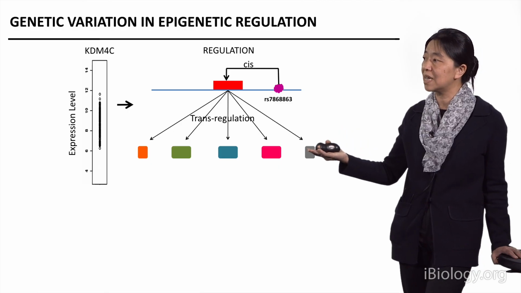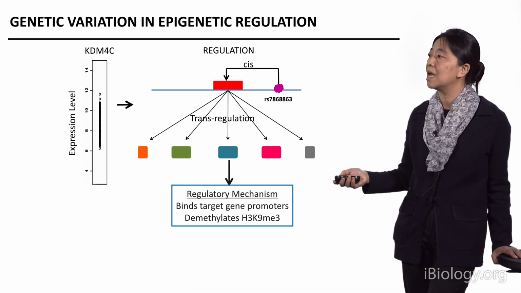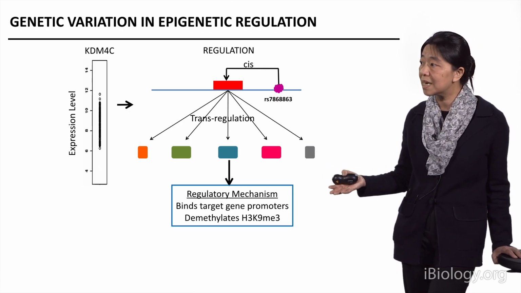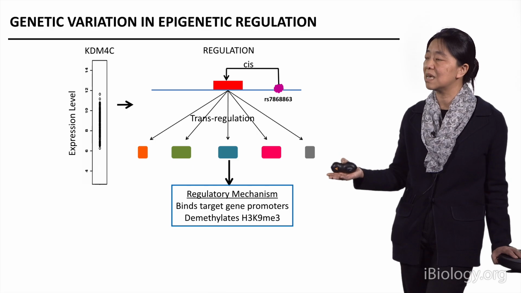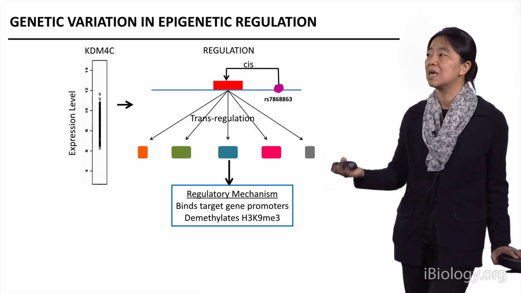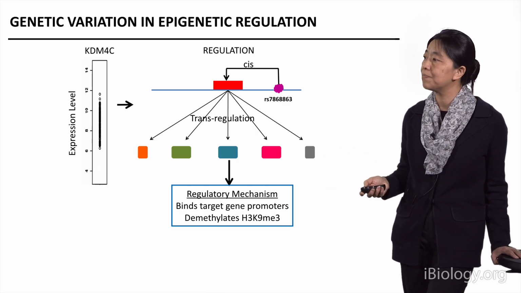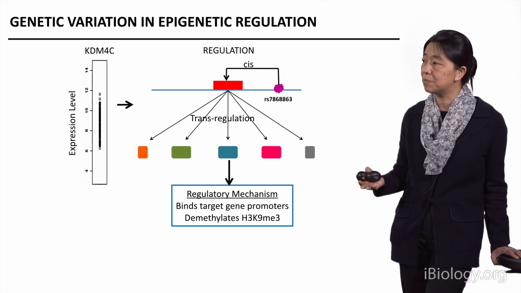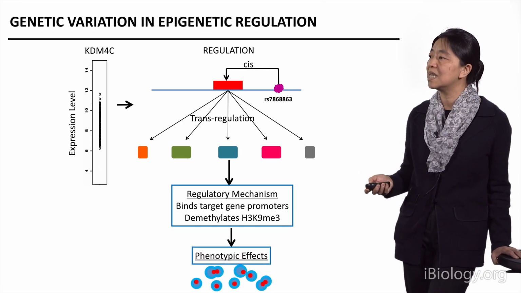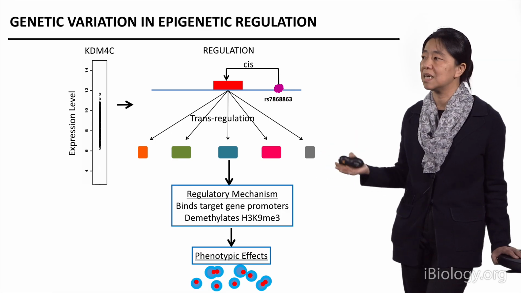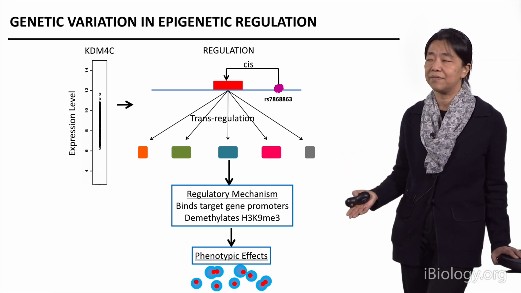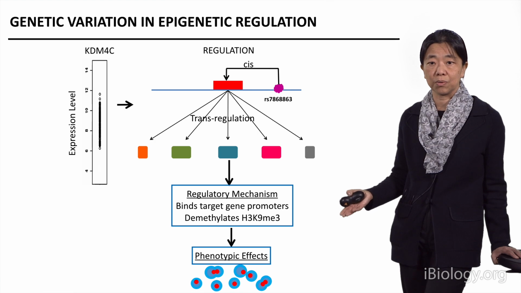We then identified a set of target genes regulated by KDM4C and worked out the regulatory mechanism, showing that KDM4C binds to their promoters and removes methylation marks on those histones. And the high and low KDM4C levels actually have a phenotypic effect on cell growth.